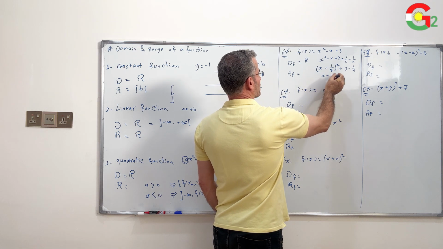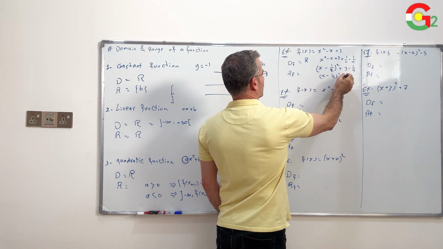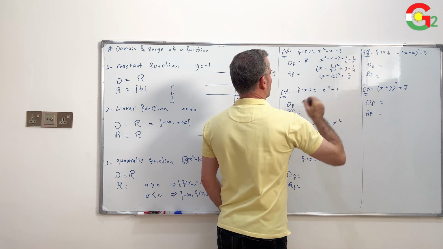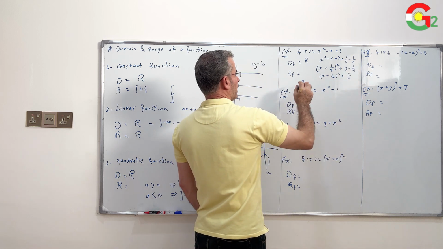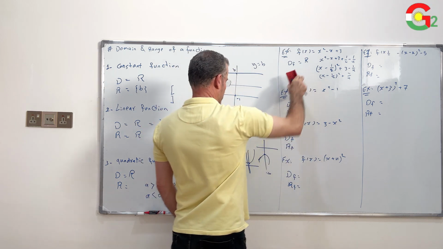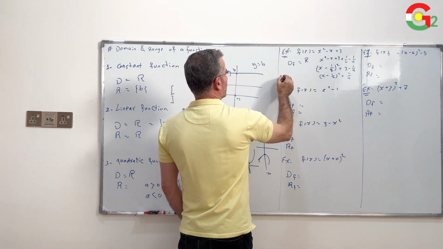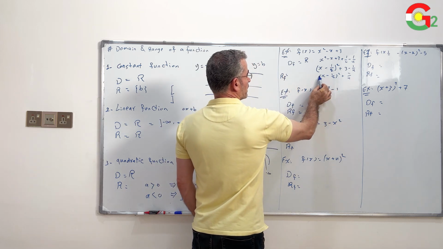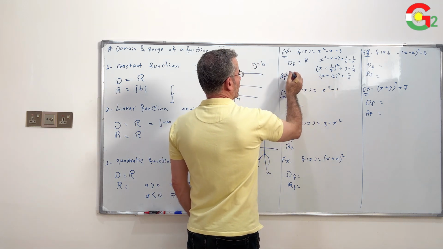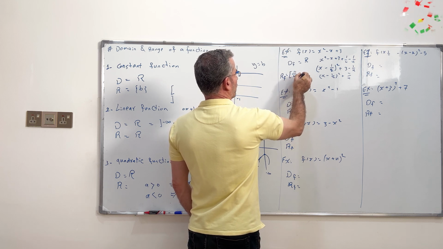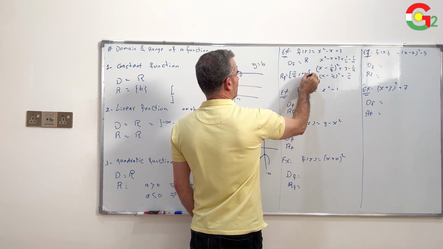Then it will be x plus 1 half squared plus 12 minus 1, which is 11 over 4. Then the range will be, since the coefficient is positive, from 11 over 4 to positive infinity.